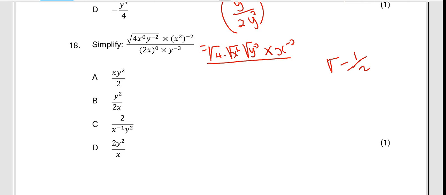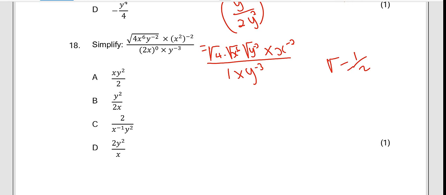And then any number to the exponent of 0, we know that any number to the exponent of 0 is 1. I have 1 times y to the exponent of -3.